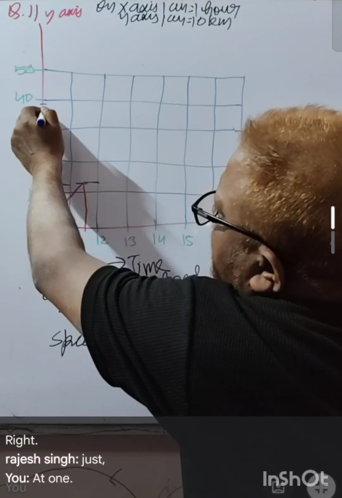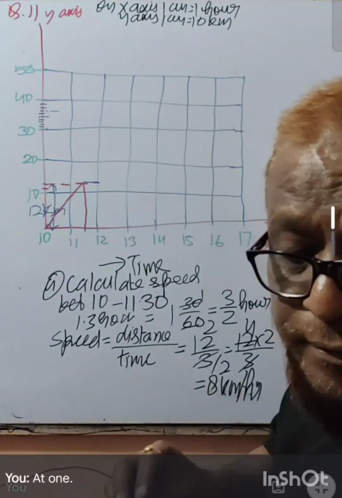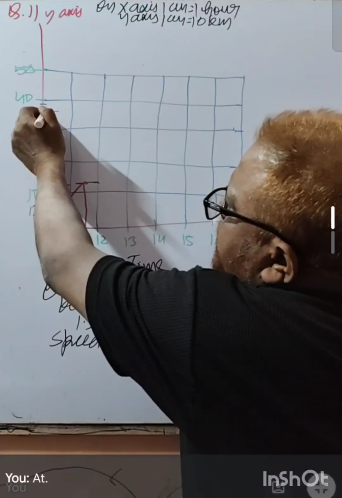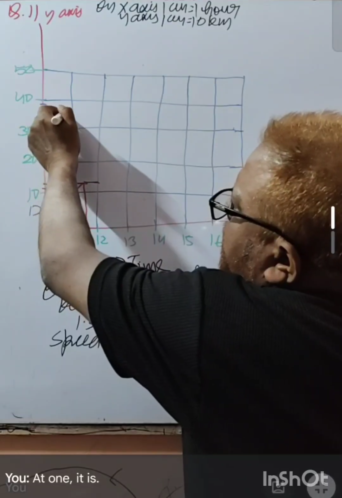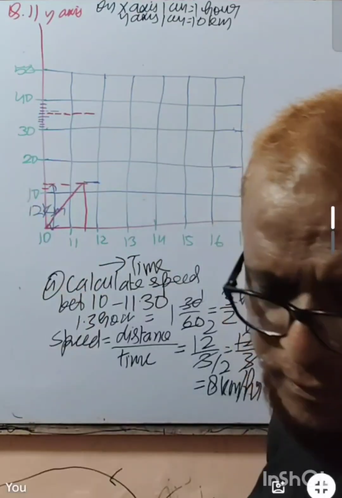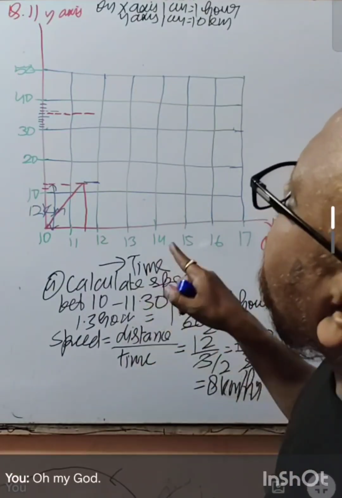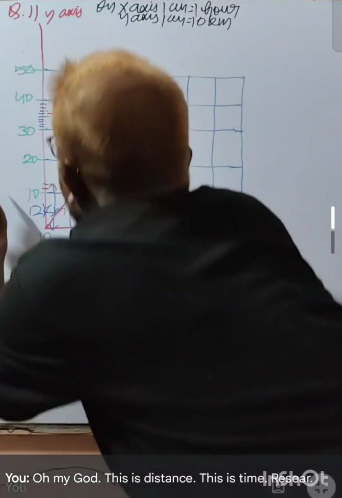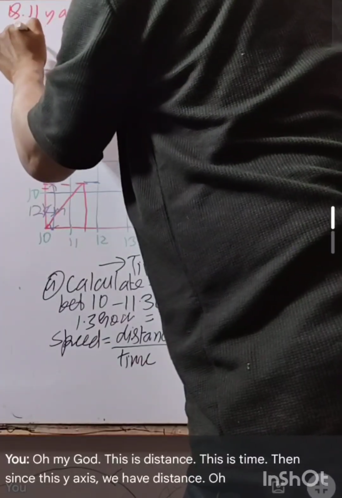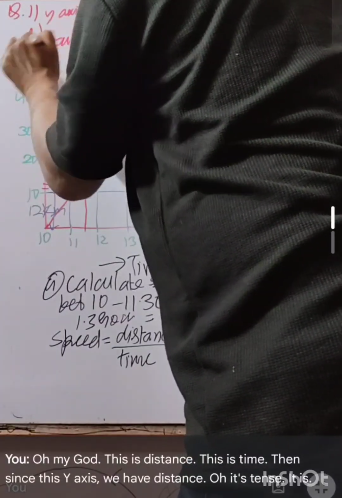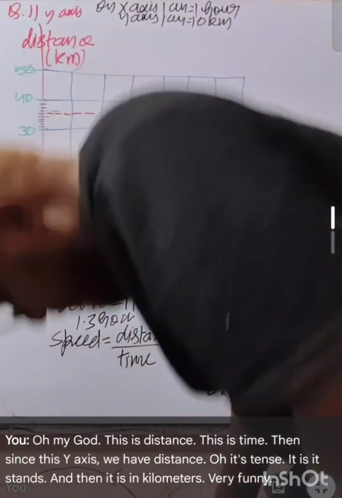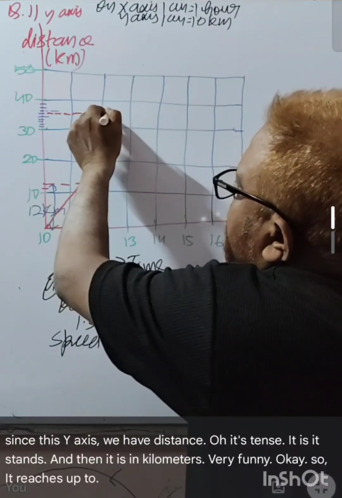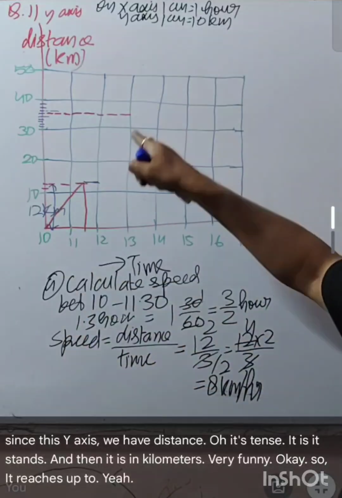At 1, this is time, this is the y-axis, we have distance, in kilometers. So it reaches up to here at 1.